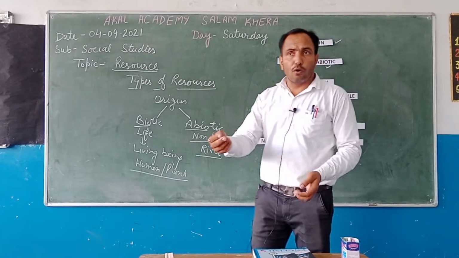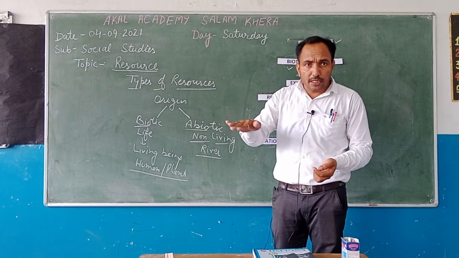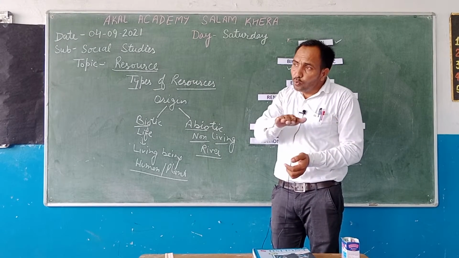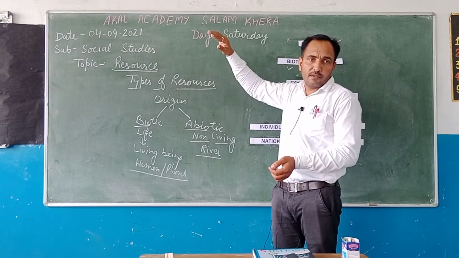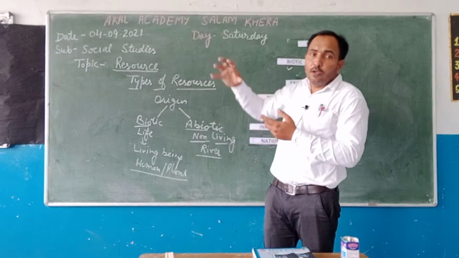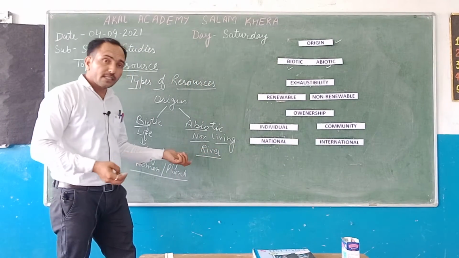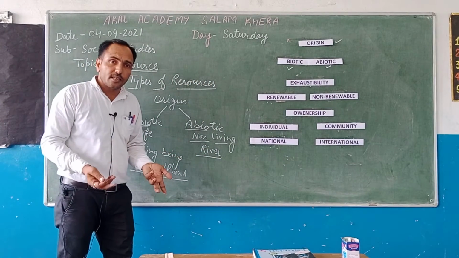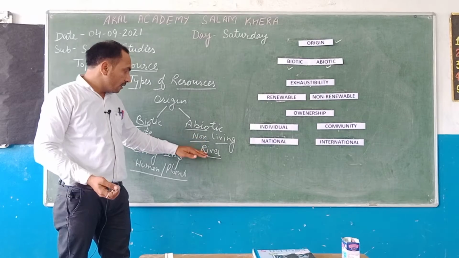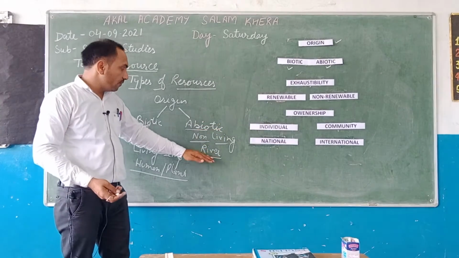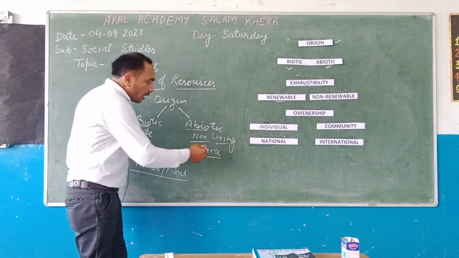River water flows from up to down on the slope. It does not move from down to up. If it moves down to up, we have to use force. So they do not move by themselves. They do not breathe. They do not move. That's why we can say these are abiotic.